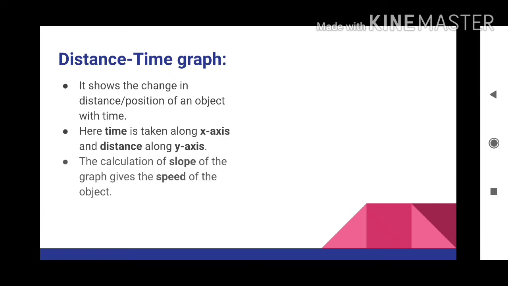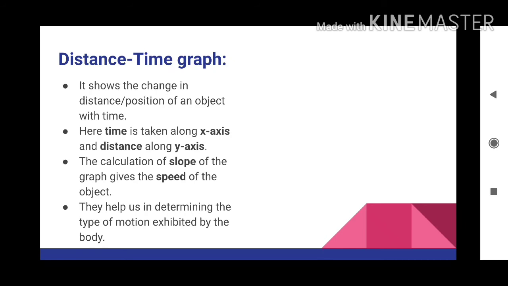The calculation of the slope of the graph gives the speed of the object. We will learn how to calculate the slope in the upcoming sections. Last point, the distance time graph helps us in determining the type of motion exhibited by the body. We can identify if the motion of the body is uniform or non-uniform just by looking at the graphs.